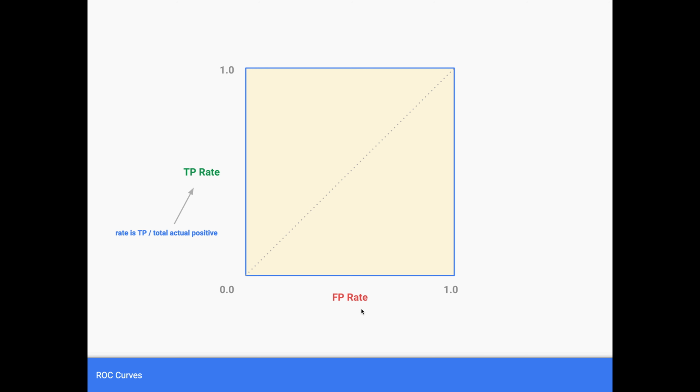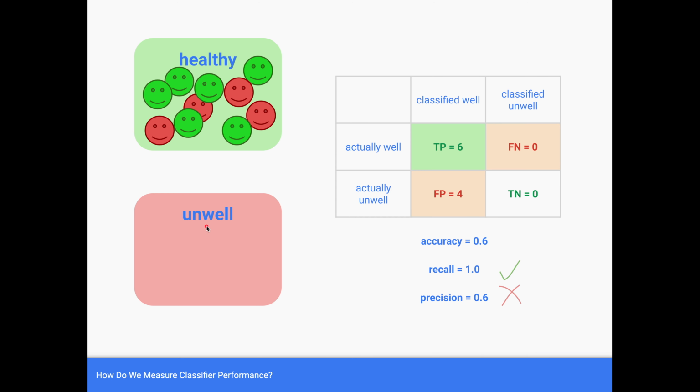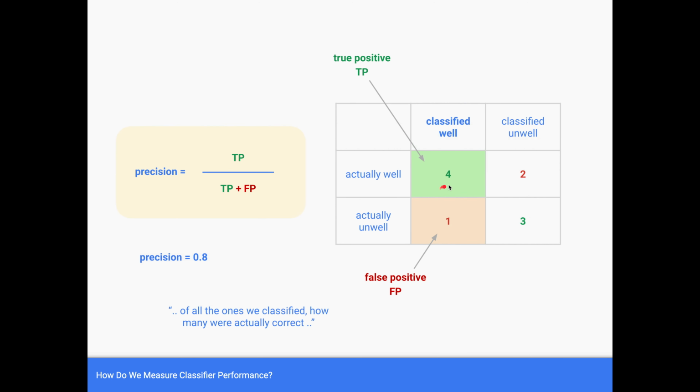They're equivalent in some sense, but this is the one that has become the convention. Now, worth noting that when we say rate, it's the total true positives divided by the actual positives, so it's a fraction. So it's not going to be a number above 1. That's why the axes go from 0 to 1. So if we look at this example here, the rate will be 4 out of 6.